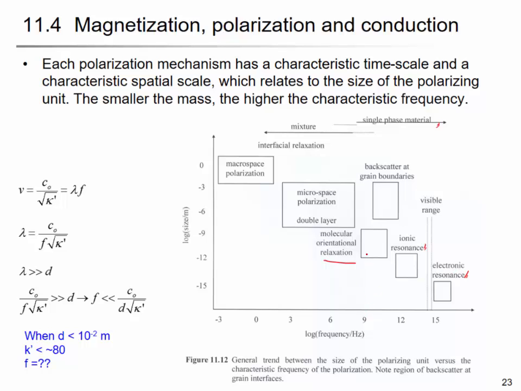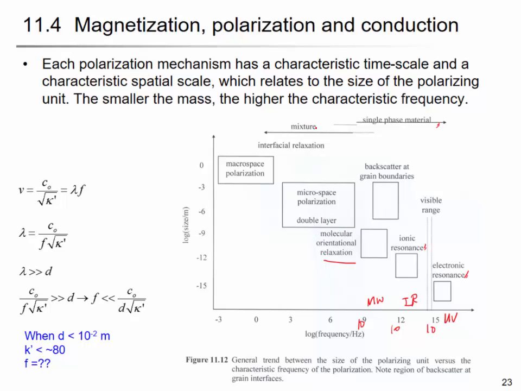Molecular orientation relaxation is 10 to the 9, so that's about gigahertz. This is terahertz, 10 to the 12, and 10 to the 15. So this is the UV region and the IR region. This is the microwave region, right?